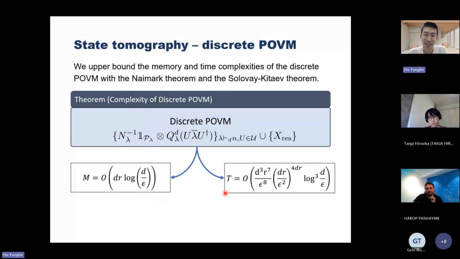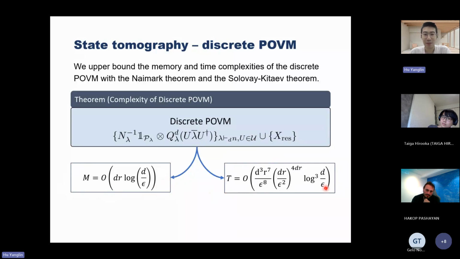So basically, for now, for our method to implement this POVM, the time complexity is very large, but we can indeed bound the memory complexity by d r logarithm of d r over epsilon, which is in accordance with our previous memory complexity of the streaming unitary Schur sampling algorithm.